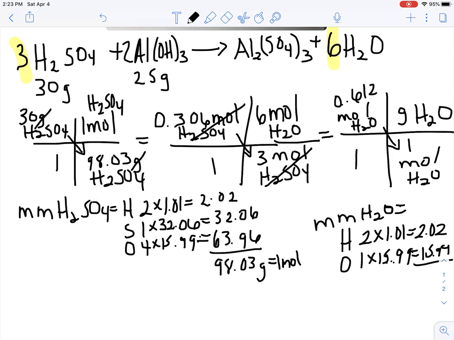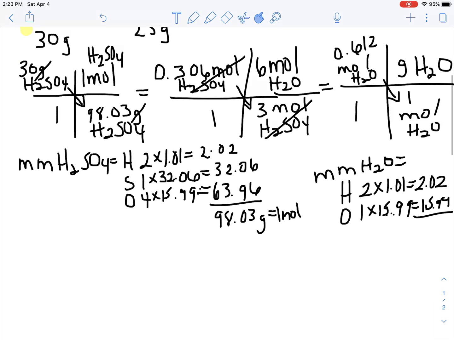Add them up, and we should end up with 18.01 grams.